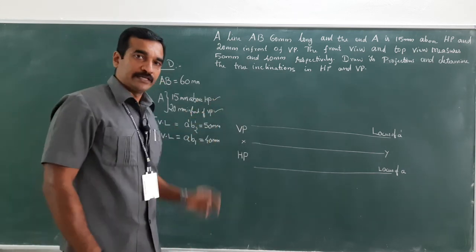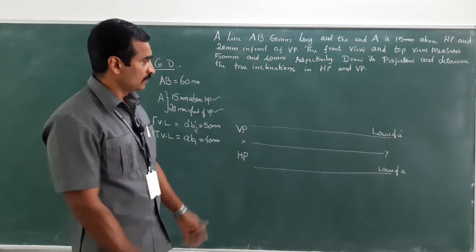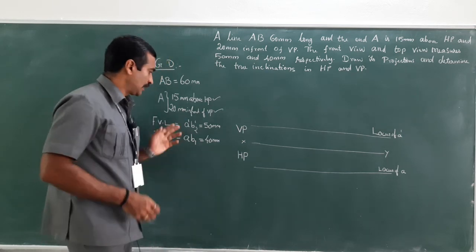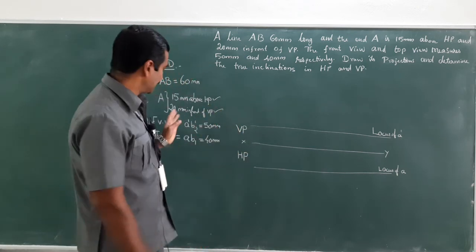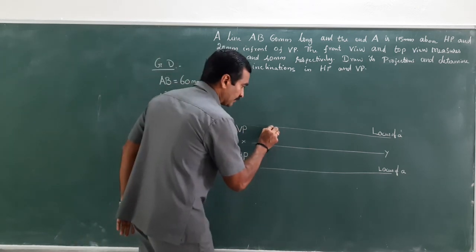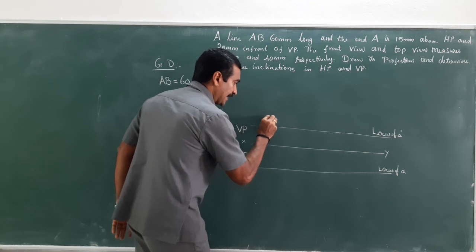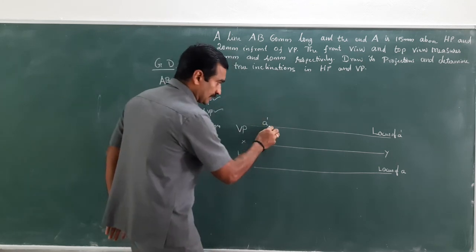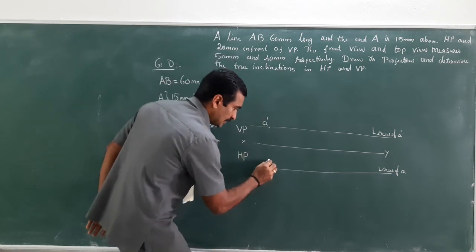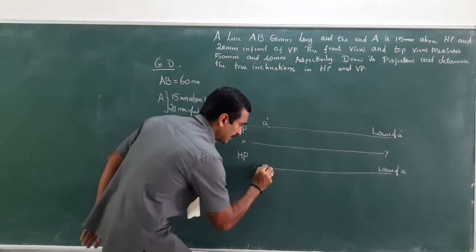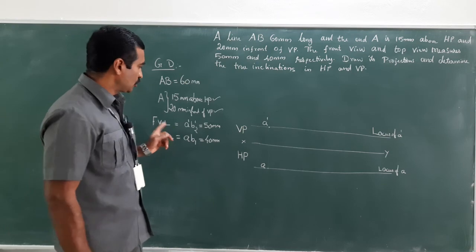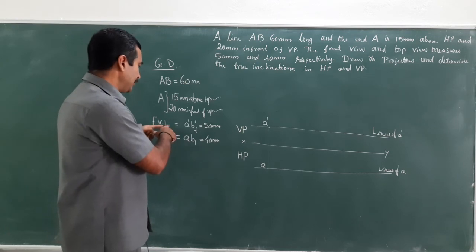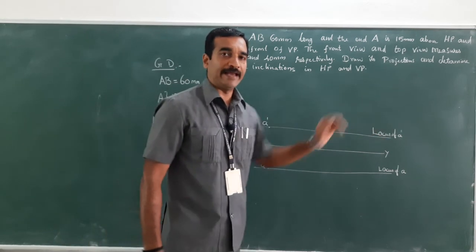Then next I have to fix the first point, which is the A point here. This is A dash. If you project the point to HP, this is A, right? So I am going to plot first the front view line on the locus of A dash.